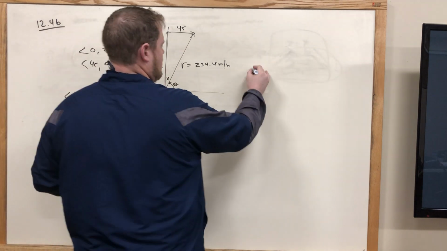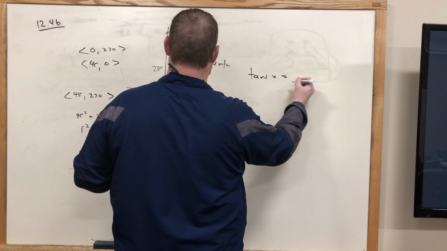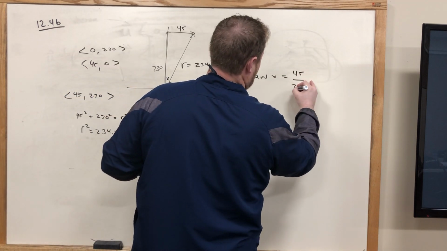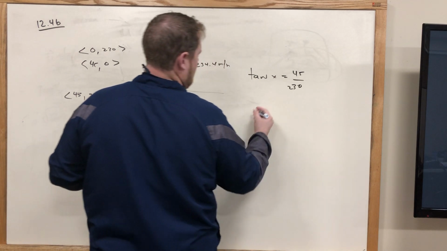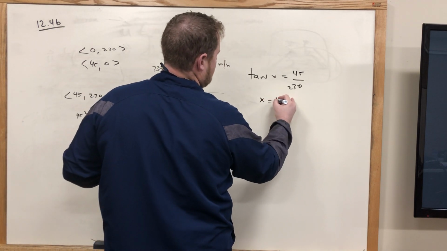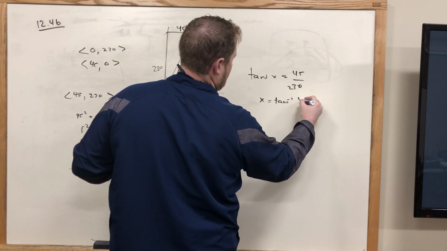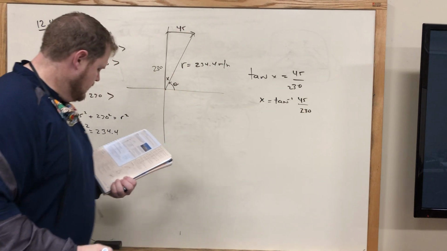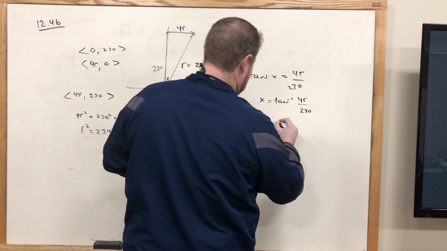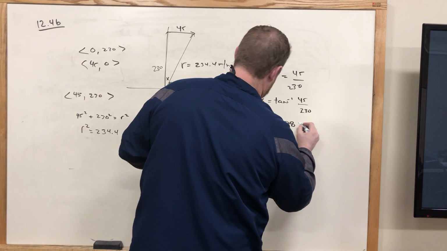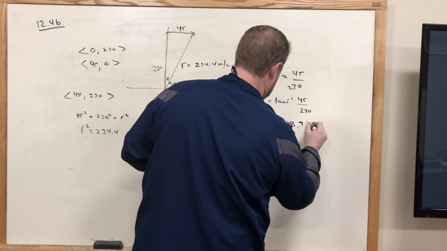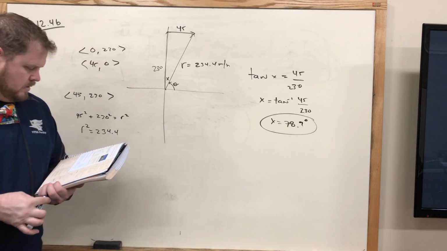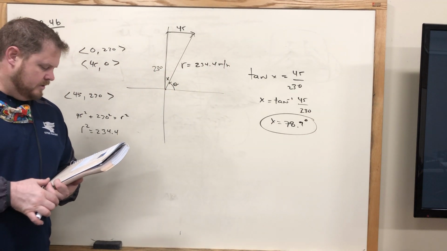Tangent x equals opposite over, so then it's going to be x equals tangent inverse of 45 over 230. And when I do the math there, I get 78.9 degrees.